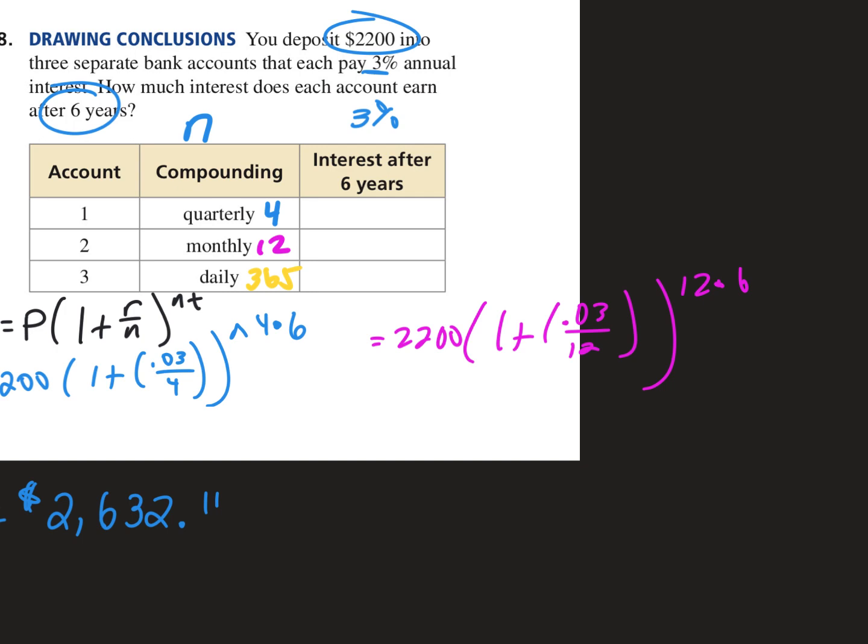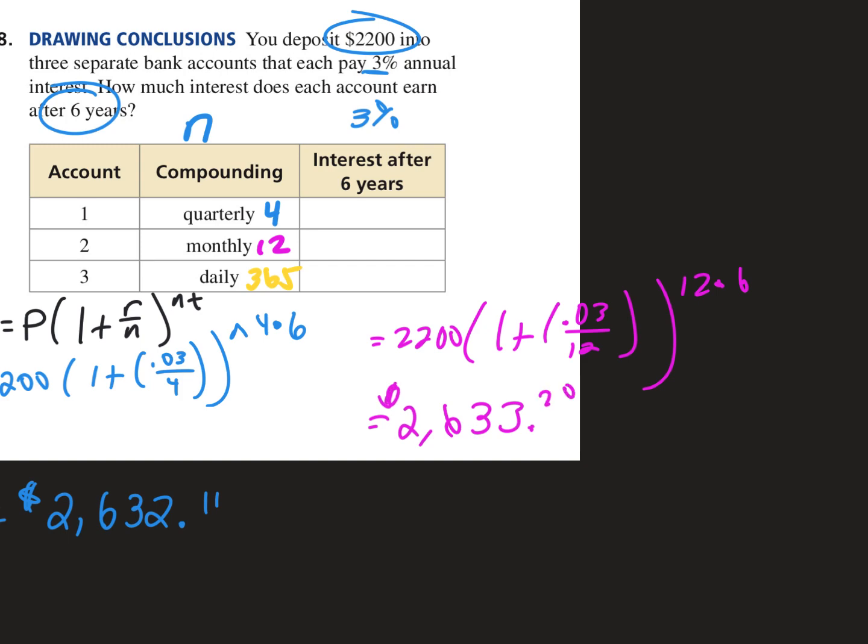What do we get? All right, hold on here. 2,600, how much?